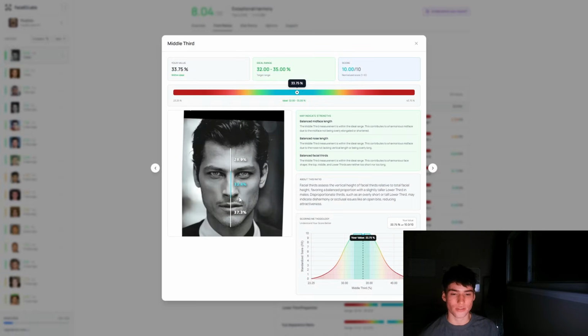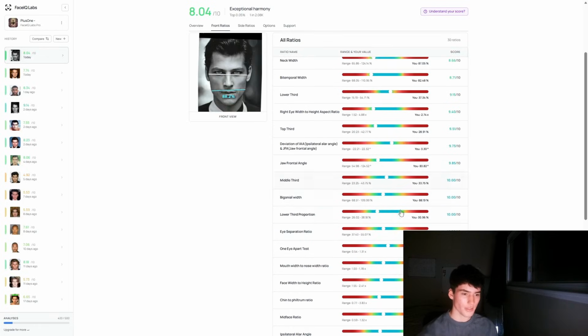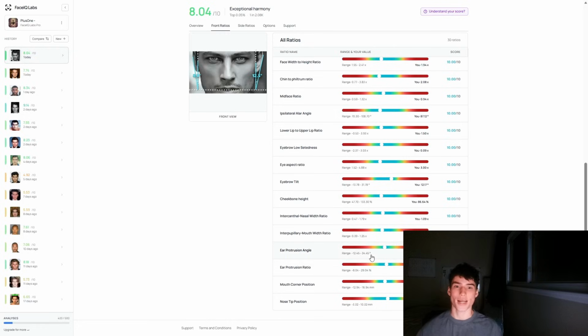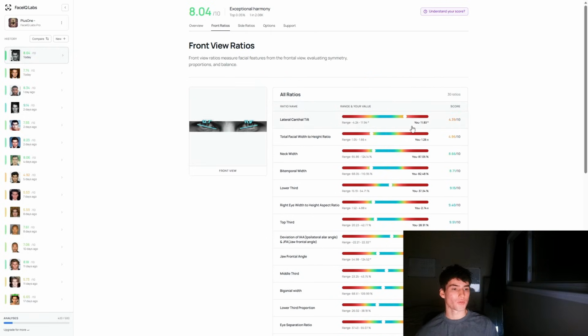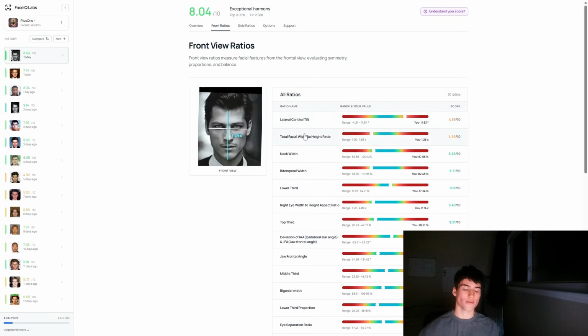And let's go to the middle third. So middle third, this is within the ideal, and everything else throughout this is going to be a 10 out of 10. So you can see that his lateral canthal tilt is marking off some points from his harmony, right? Total facial width to height ratio is marking it off by a marginal amount. These would be his two biggest flaws.